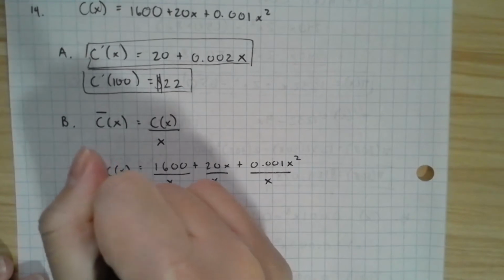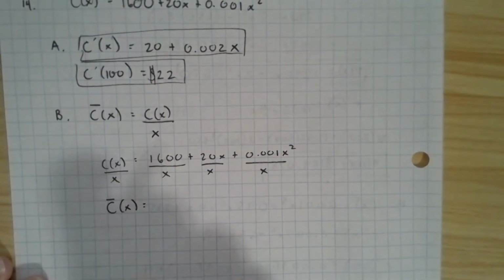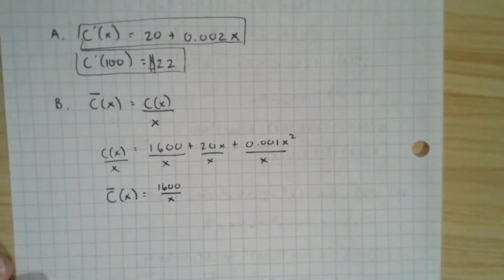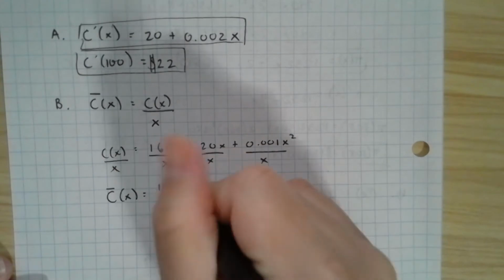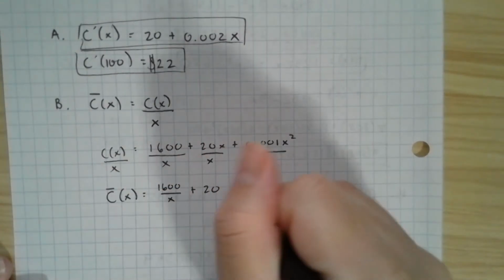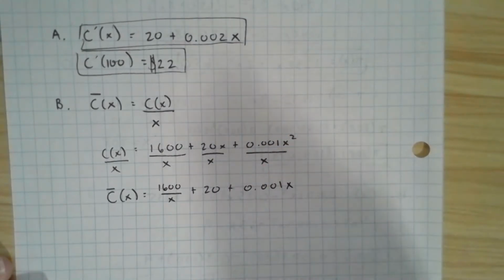So then average cost will be 1600 over X. Can't do much there. 20x over X, that becomes just 20. And then this over X becomes 0.001x, like that.